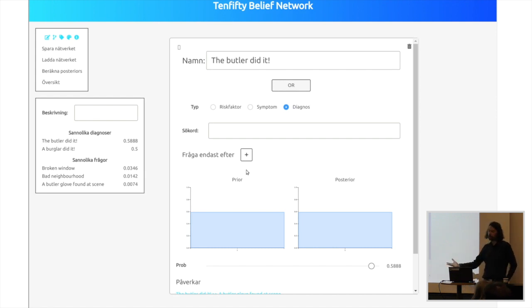And we know that it's usually the butler, so I'm giving it in this case a 59% probability, just prior to anything. Of course, the natural probability of the butler did it is much lower. If we don't know that a murder has taken place, it's extremely low, right? You can't just walk around accusing butlers of murdering things. You have to know that someone was killed. Otherwise, it's much, much lower. But still, it's a number. So this is the prior, given that we know that something has happened.